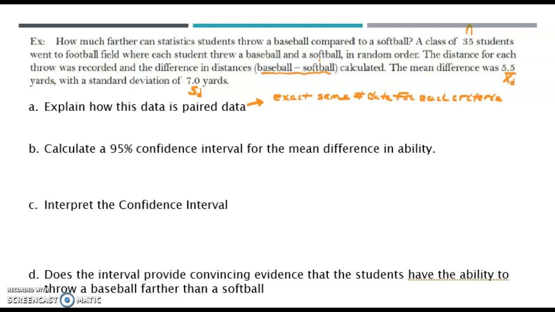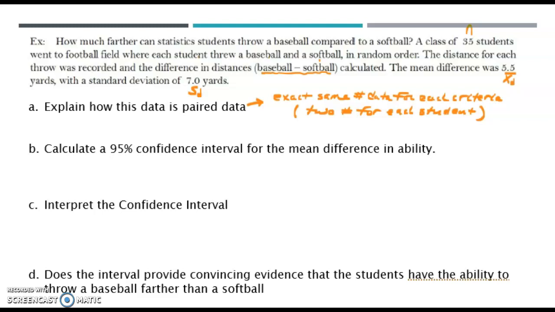In other words, you're going to have two numbers, baseball and softball, for each student. So definitely paired data. All right, here we go. Calculate the 95% confidence interval for the mean difference in ability.